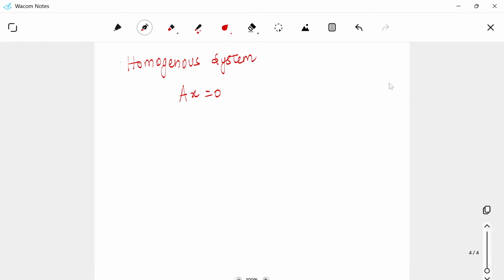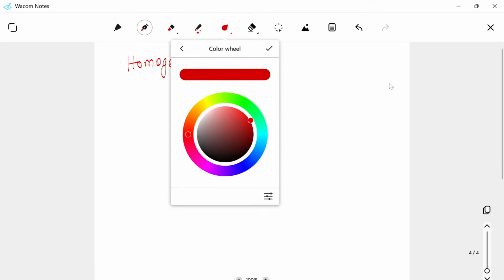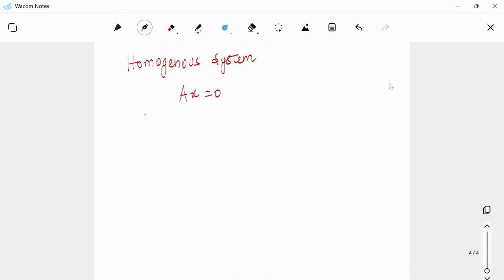Non-trivial solutions exist if there are free variables. So non-trivial solutions will exist if there are free variables.